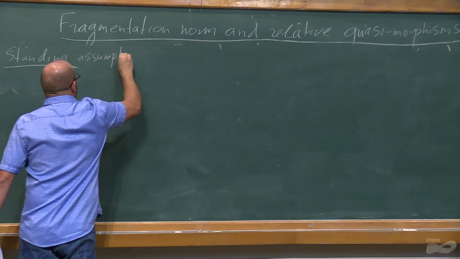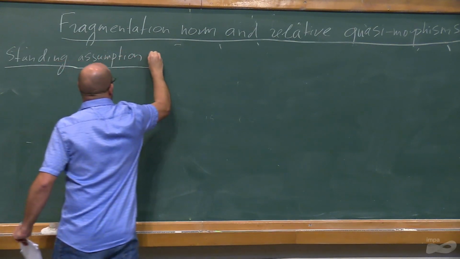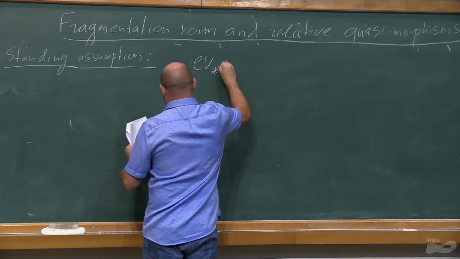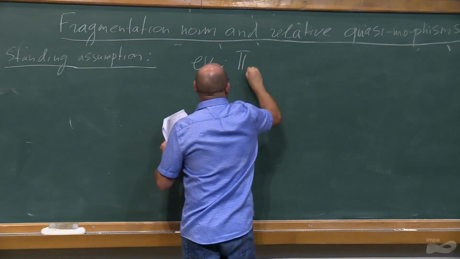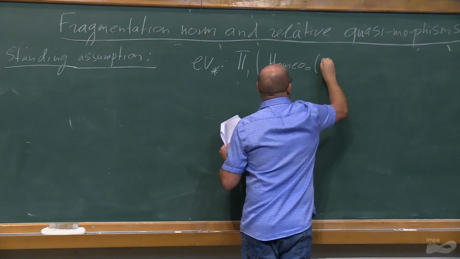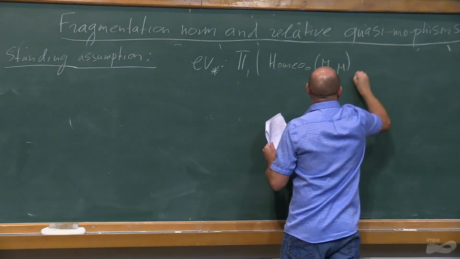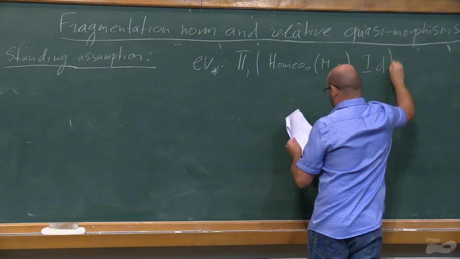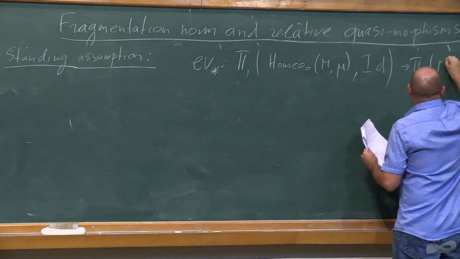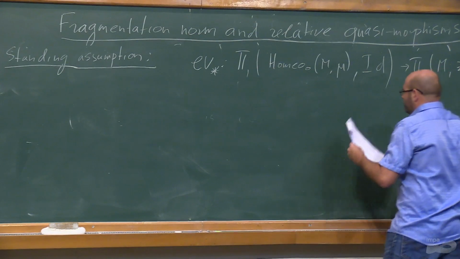Assumption: the following, that the induced evaluation map from pi 1 of Homeo 0 of M, mu, with the base point identity, to pi 1 of M, z, is trivial.